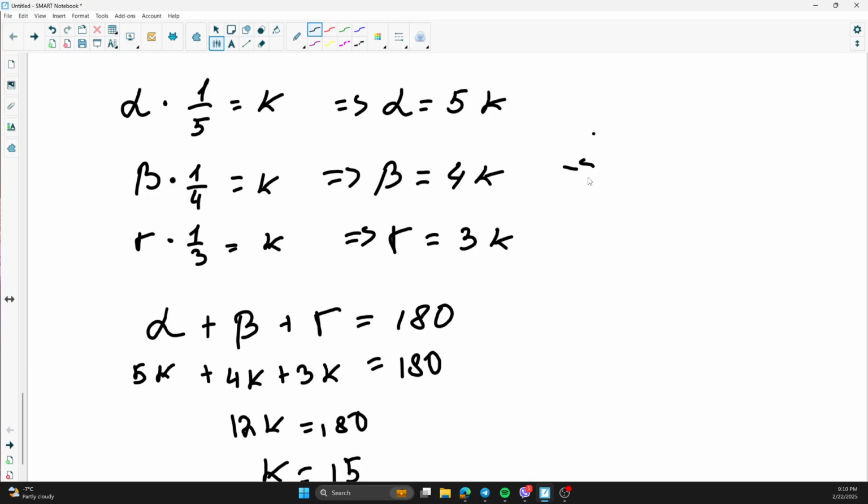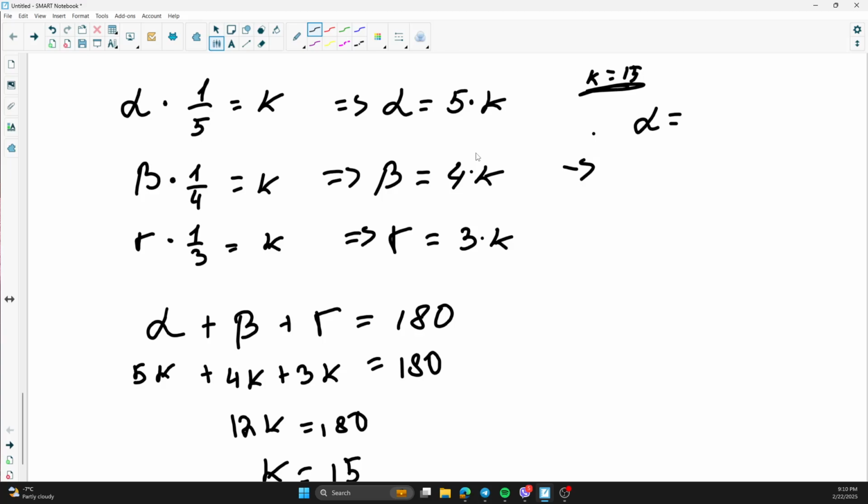So alpha would be 15 divided by 5, since kappa is 15? But what do you mean divide? Here you have multiplication. 5 times kappa. So multiply.